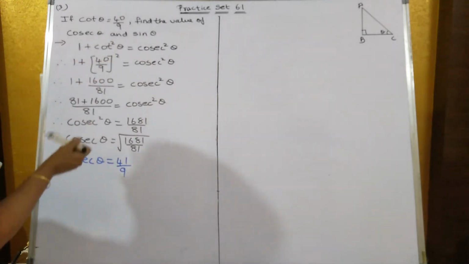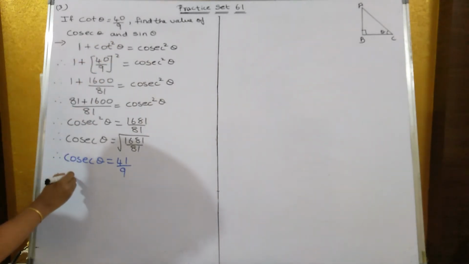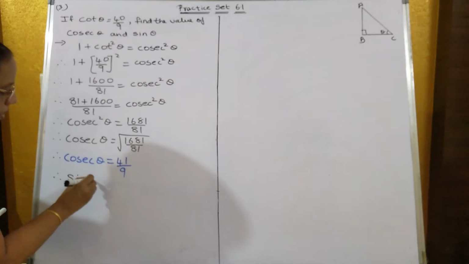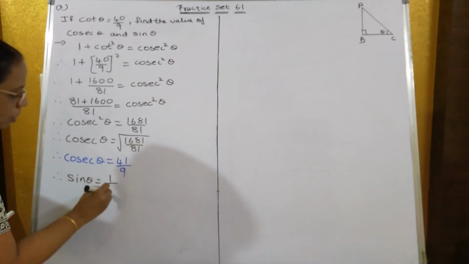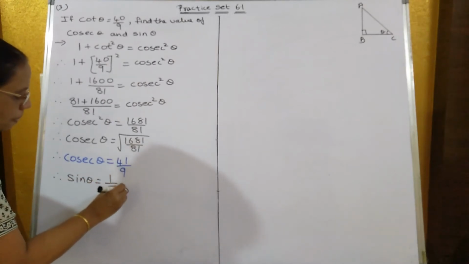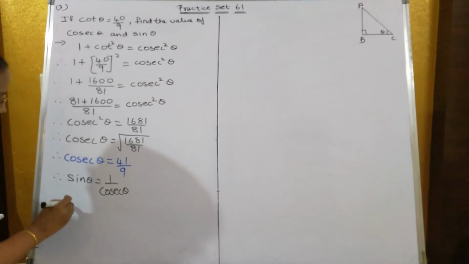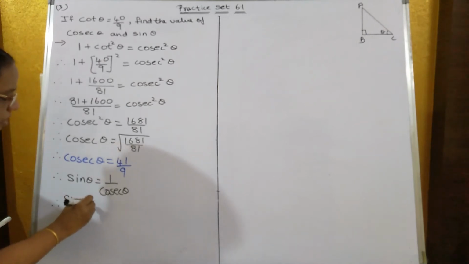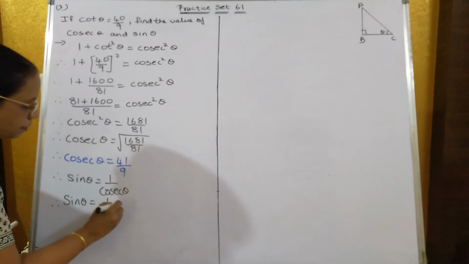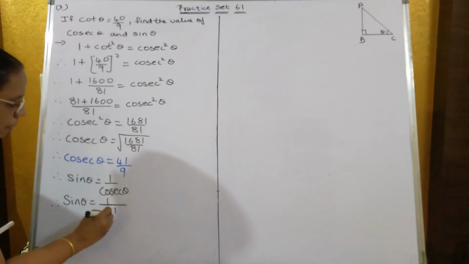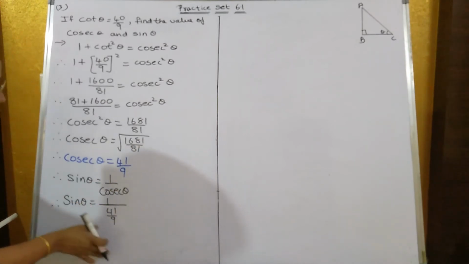Now sin theta. Now what is sin theta? Sin theta is equal to 1 upon cosec theta. Therefore sin theta is equal to 1 upon 41 upon 9. Now bring this 41 upon 9 to the numerator.